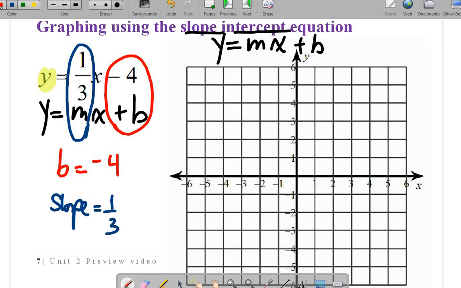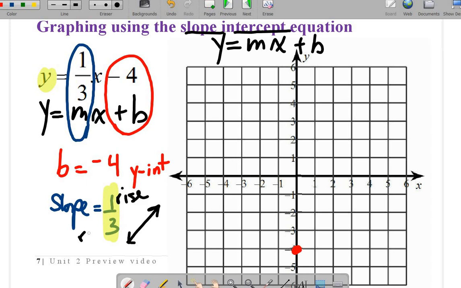So I'm going to start with my intercept at -4 on the y-axis, because it is the y-intercept. Now, a lot of students get confused which way to tilt the line. That's why I taught you positive and negative. This is a positive slope. So automatically, I know my line has to tilt upwards from left to right.